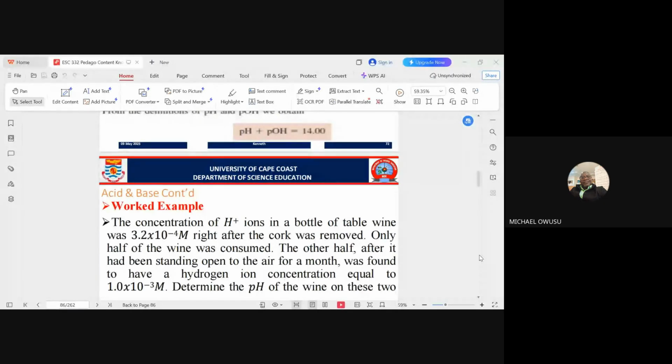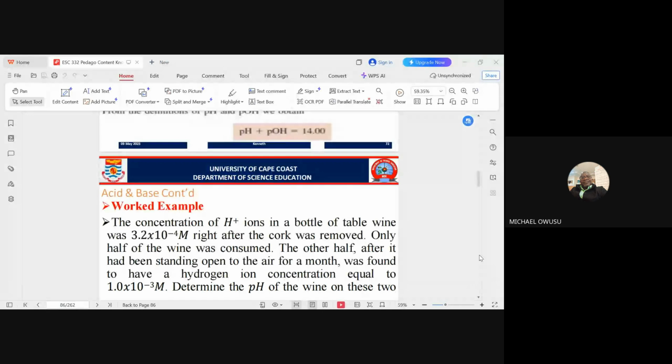So it's just a matter of writing this relation: pH plus pOH equals 14. Given the pOH, it means the pH is equal to 14 minus pOH.